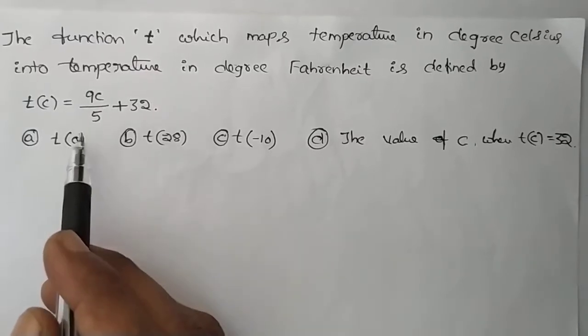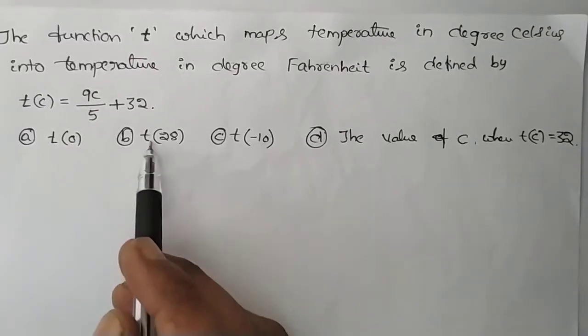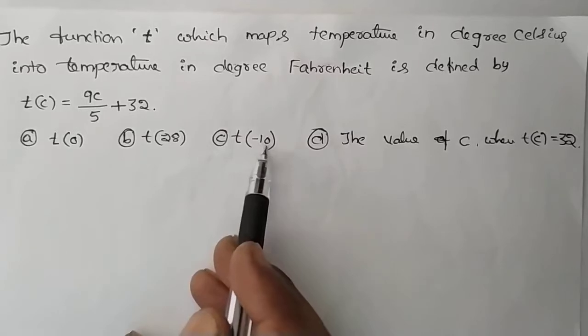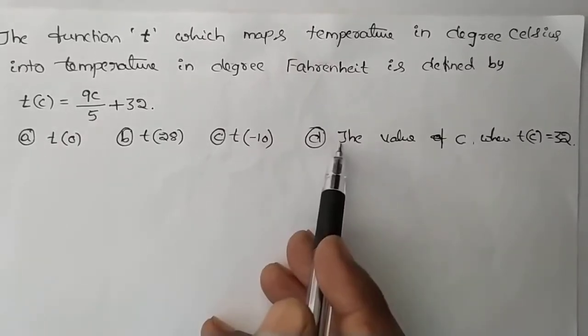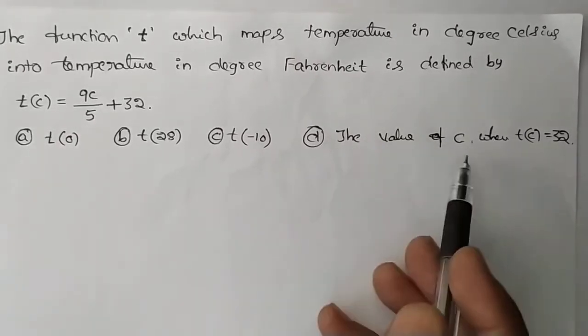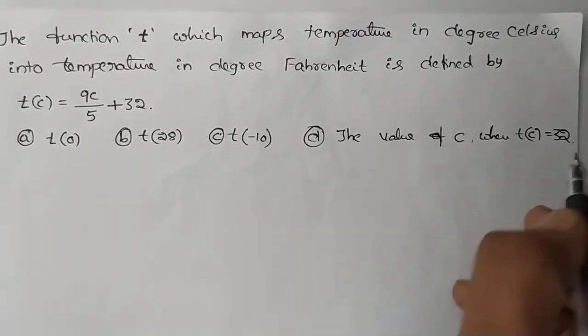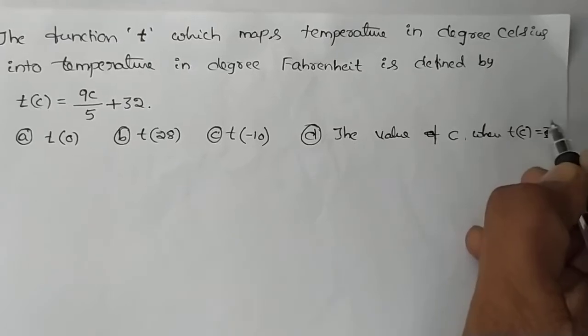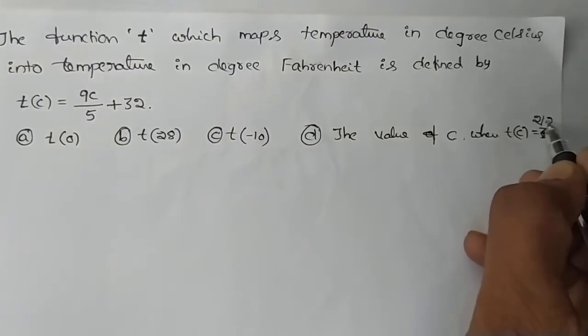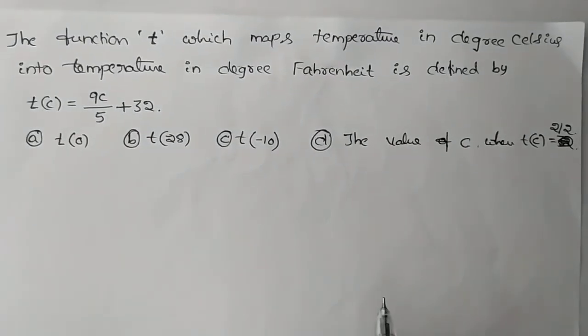We have to find the values of T of 0, T of 28, T of minus 10, and we have to find the value of C when T of C equals 212. It is the given question.